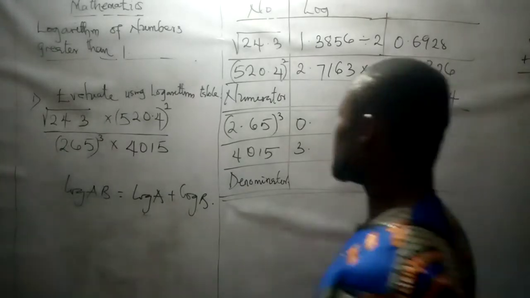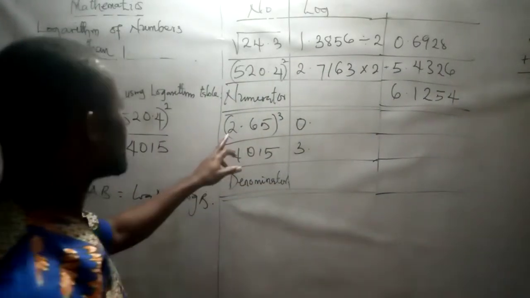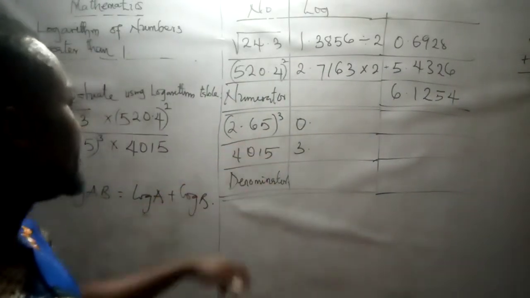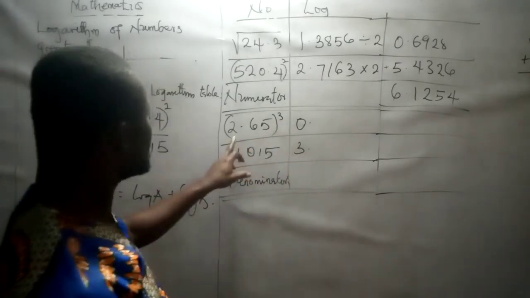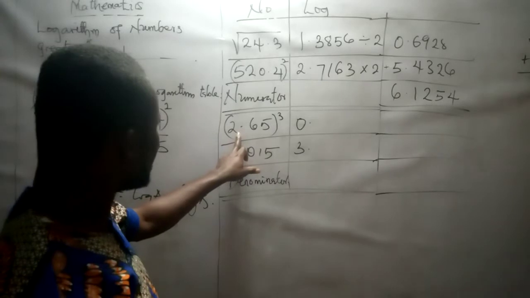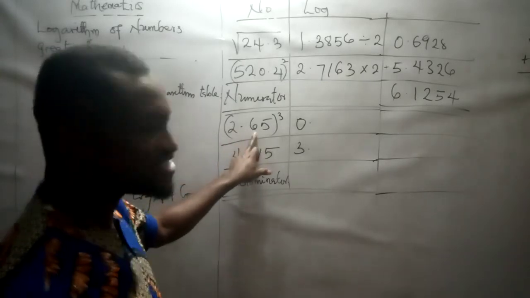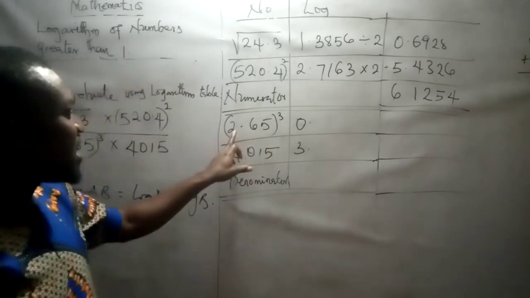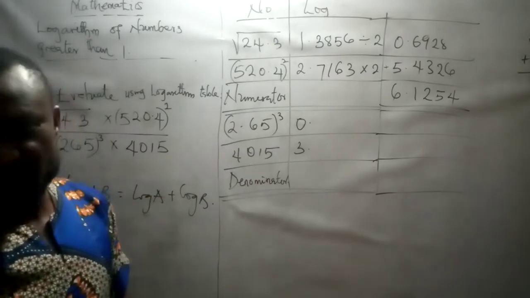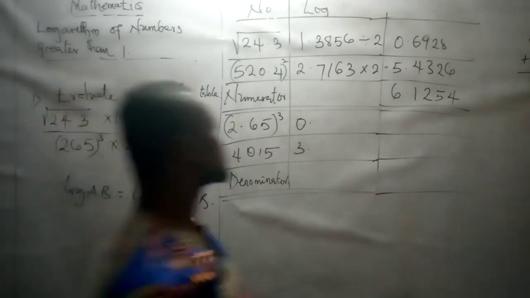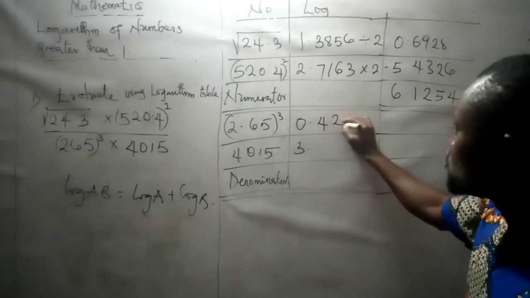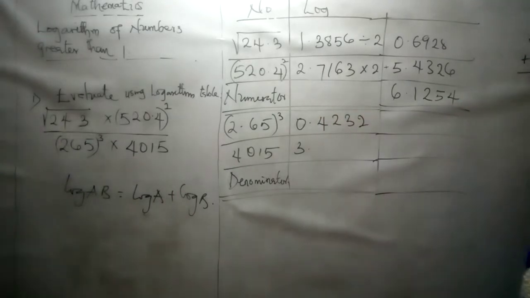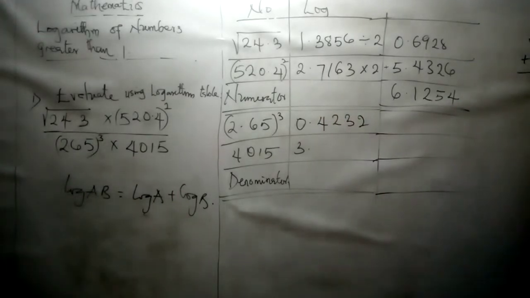Now for the denominator, we have 2.65 raised to power 3. Now we are going to check what? 26 under 5. So we have 26 under 5. Now what's 26 under 5? 4, 2, 3, 2. So we have 4, 2, 3, 2. That's the mantissa.